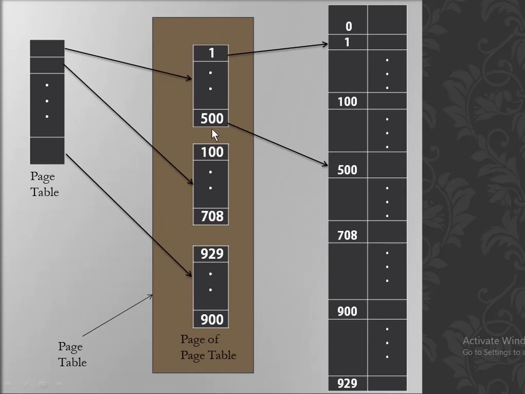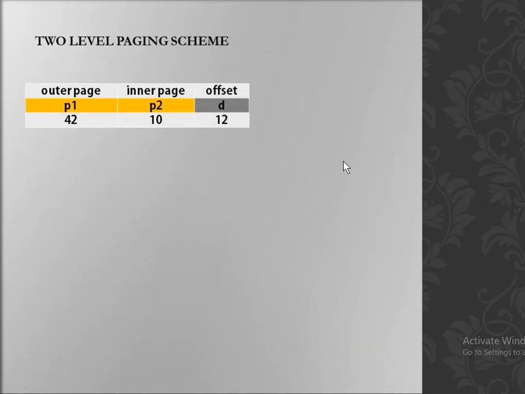See, it contains entries of frame numbers, from 1 to 500, in a similar way 10 to 708, 9 to 900. Got it? So this is the example of a 2-level scheme.